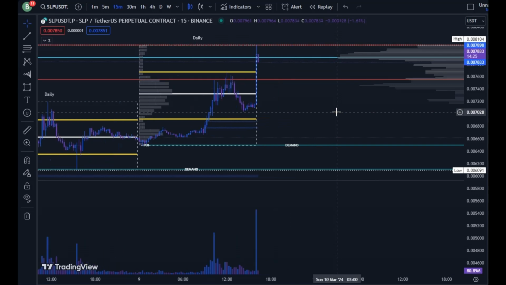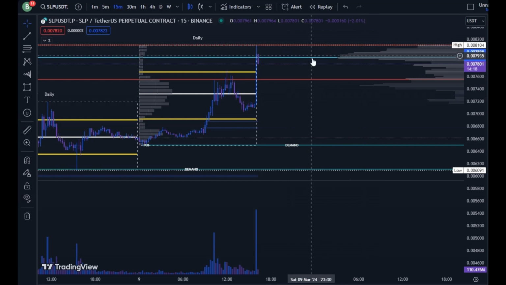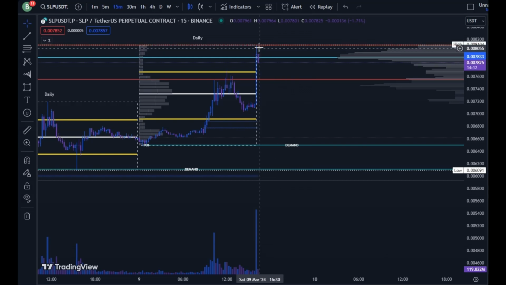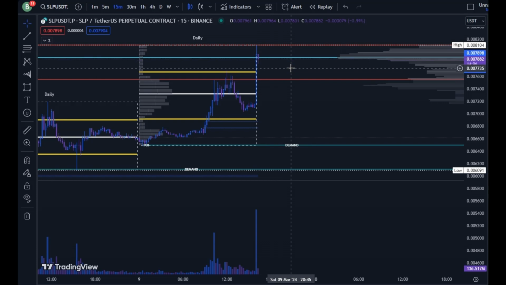I want to see how this trade plays out, because on the anchor, the point of control moved. But you've had a slight rejection here. Let's see how it plays out.